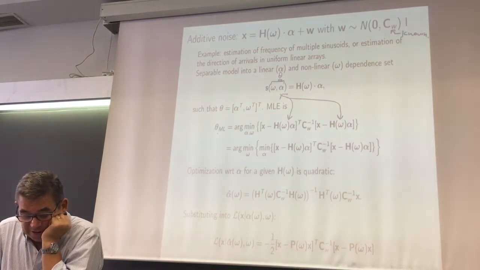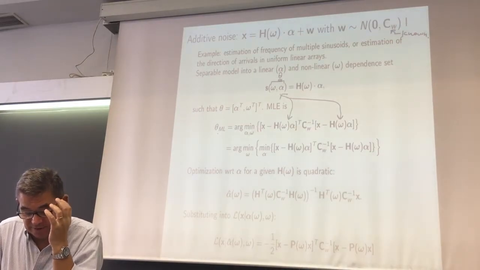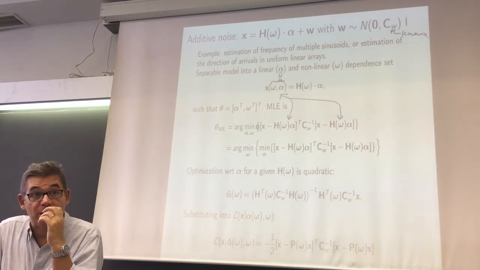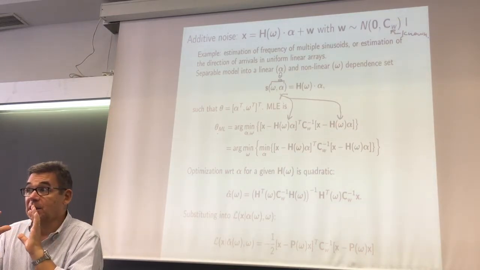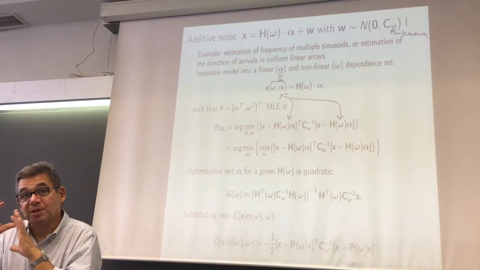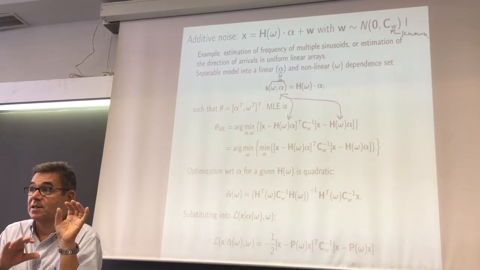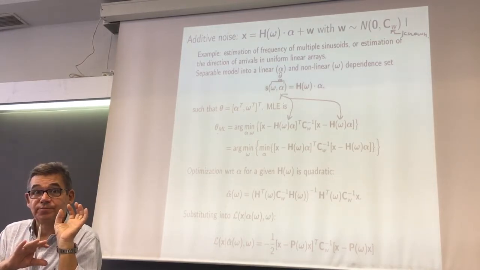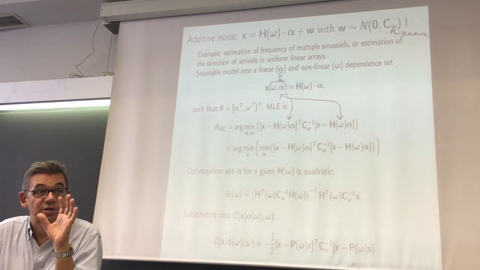This kind of optimization problem is called separable, because I can separate the optimization problem that is easy, quadratic, from the one that is not easy, omega. So let's do the easy part first.